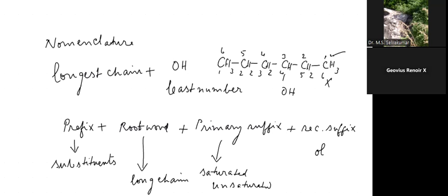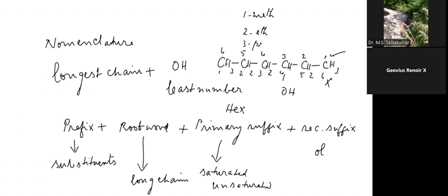So, prefix, there is no other substituents. Therefore, you leave that. So, root word, the long chain which contains 6 carbons. Therefore, hex. For 1 carbon, it is meth. For 2 carbons, it is eth. For 3 carbons, it is prop.